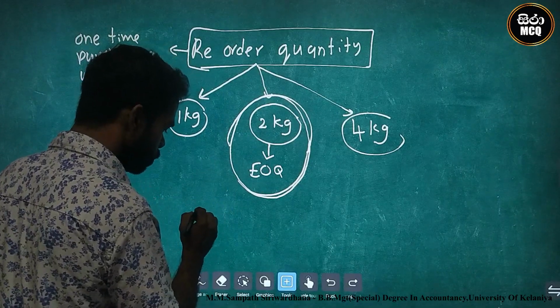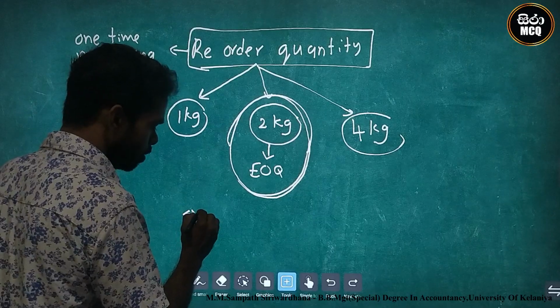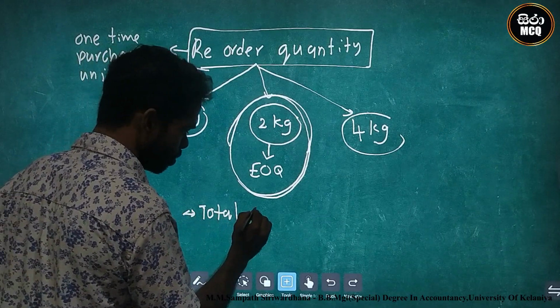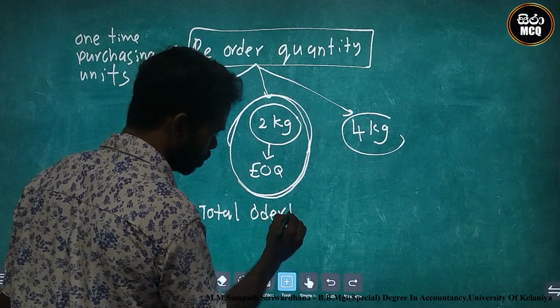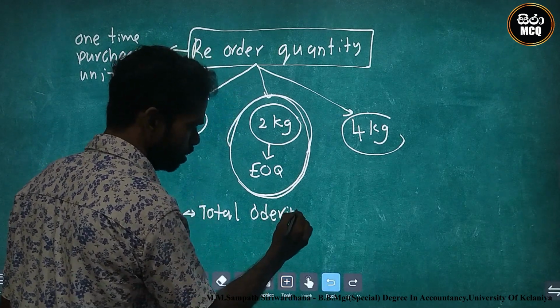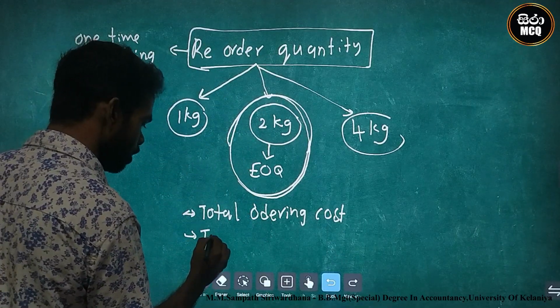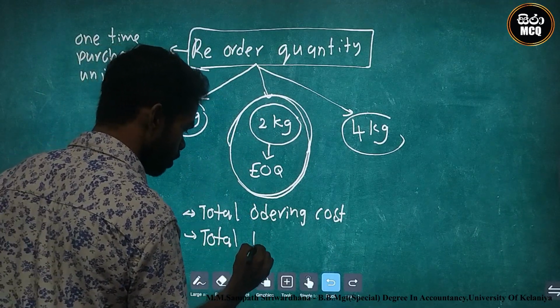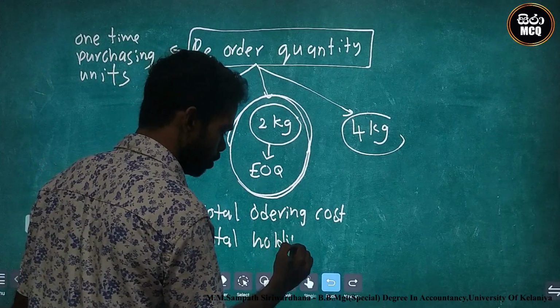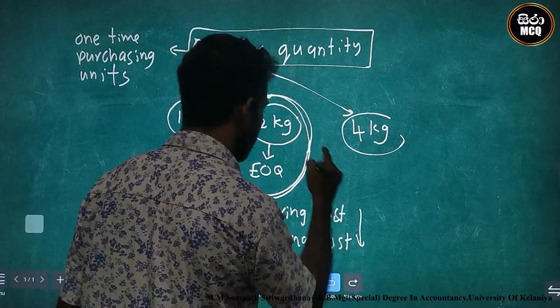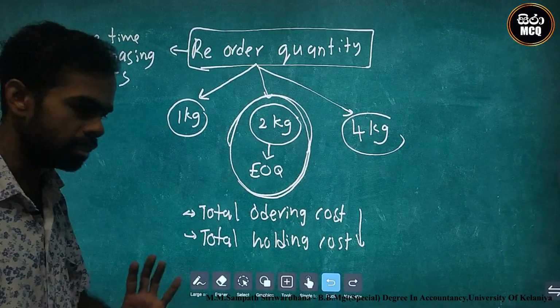At that point there are two parts: the total ordering cost and the total holding cost must be minimum at the EOQ purchasing.